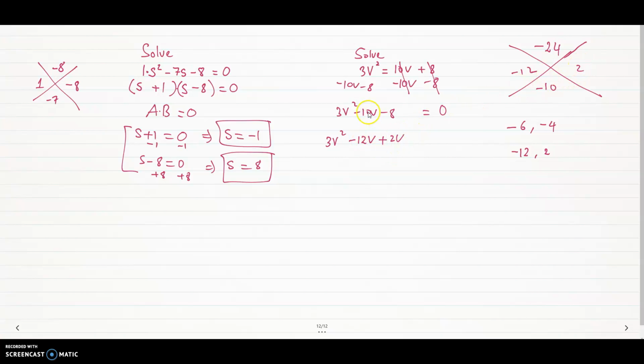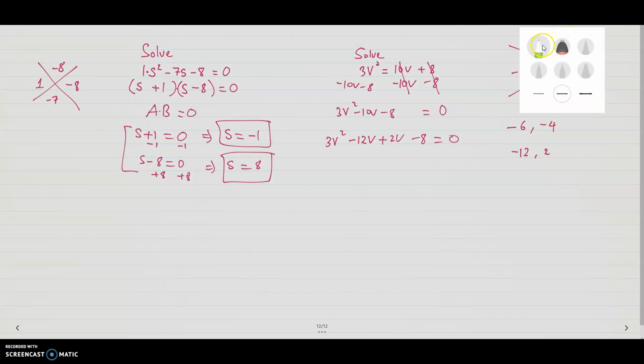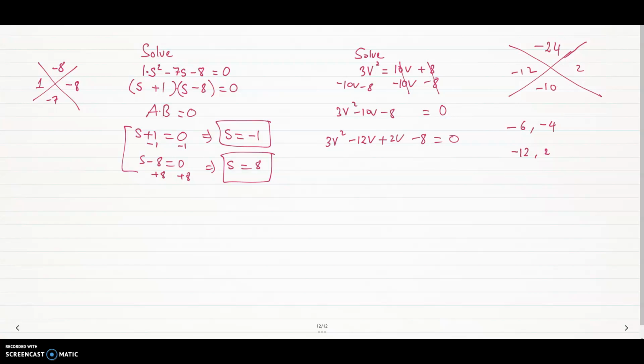So together, you still get back minus 10v, but I'm rewriting it as the summation of these two new numbers for the middle coefficient, and I still keep minus 8.